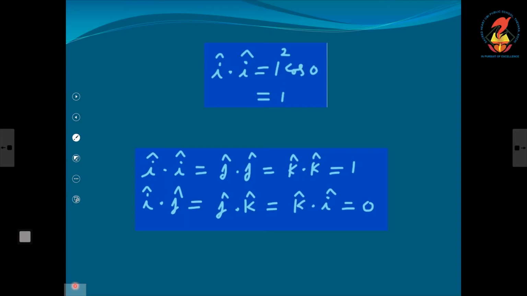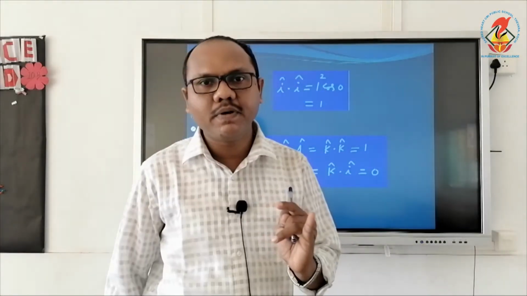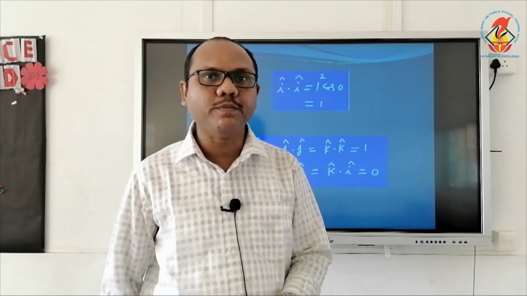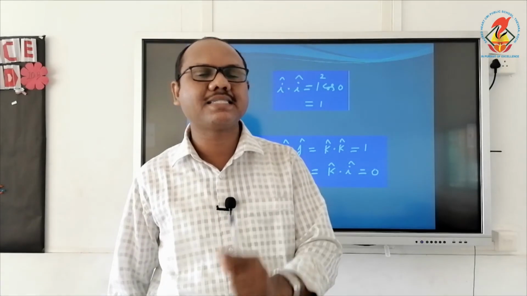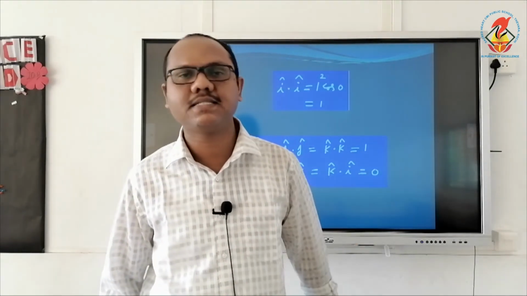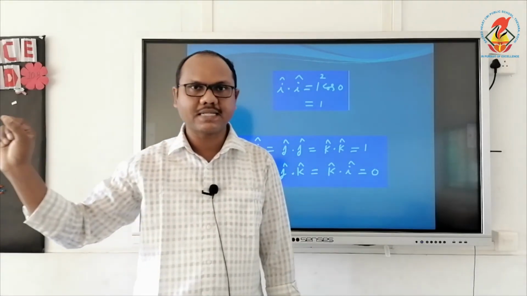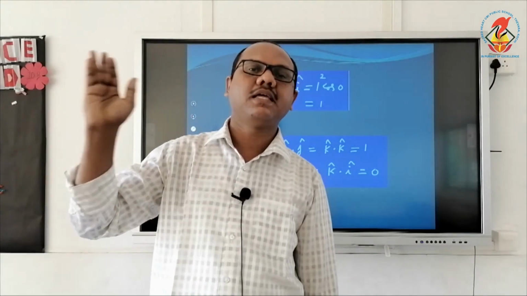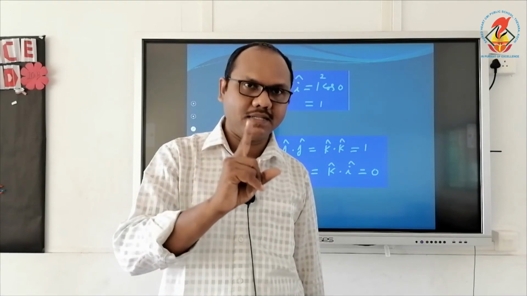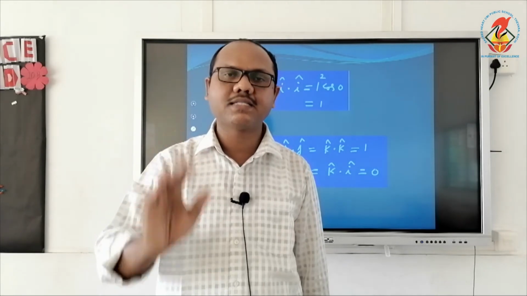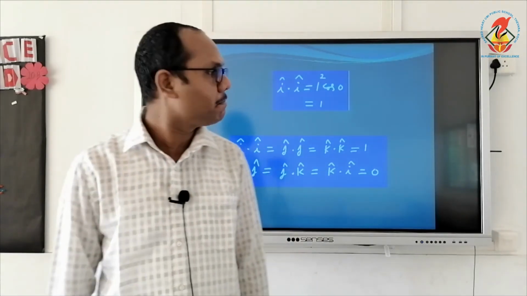Now, if I take i dot i. i cap, j cap and k cap are the unit vectors which are used to represent the x axis, y axis and z axis respectively. So to represent a unit vector along the x axis, we use i cap, the unit vector along the y axis is represented as j cap, and the unit vector along the z axis is represented as k cap.